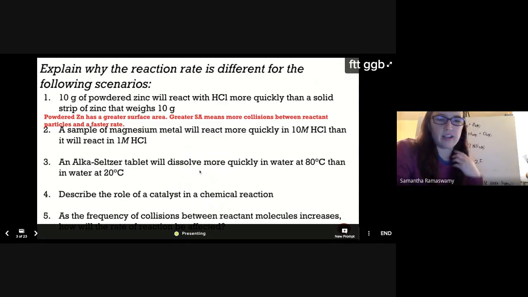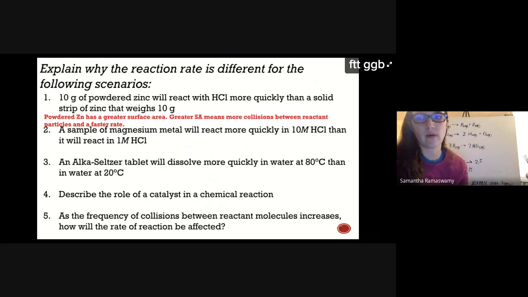I went one too fast. So powdered zinc has a greater surface area. Here's what I want you to think about when you think about surface area. Surface area is contact area, right? How much contact is it able to come, collide with?